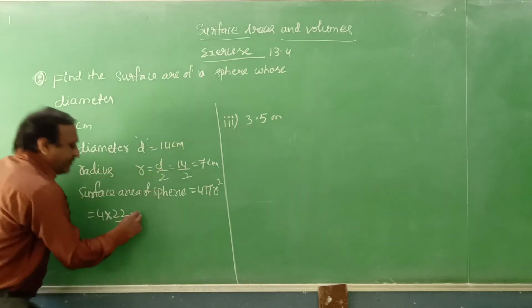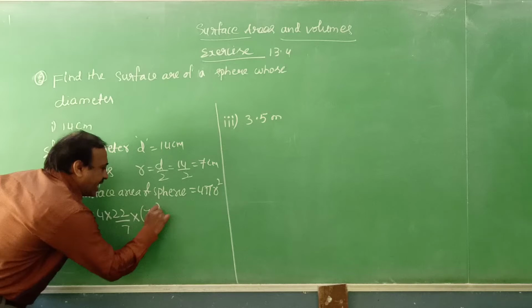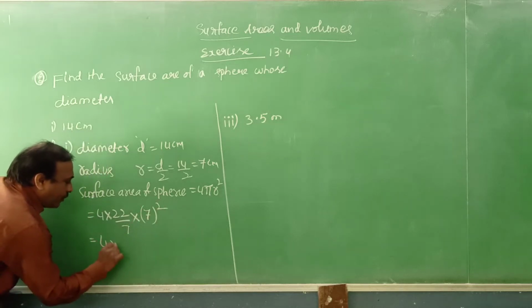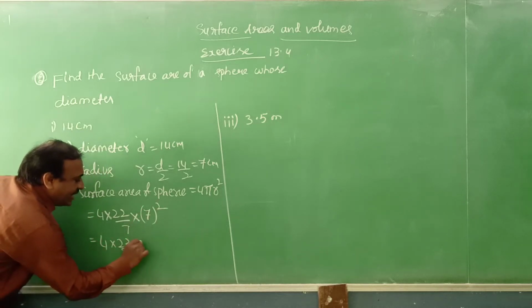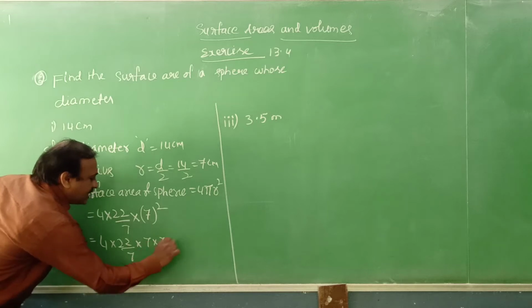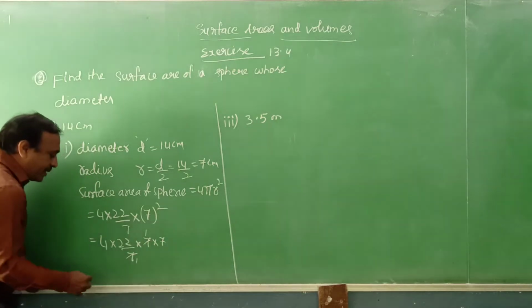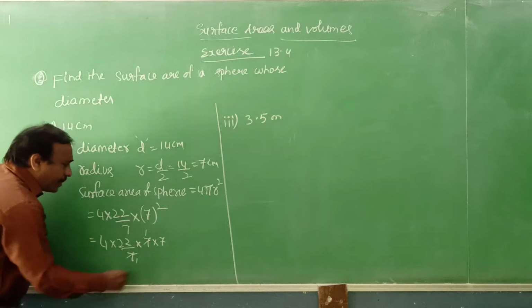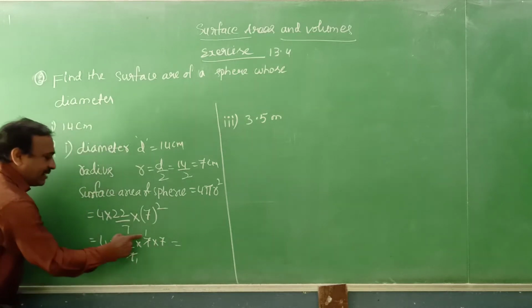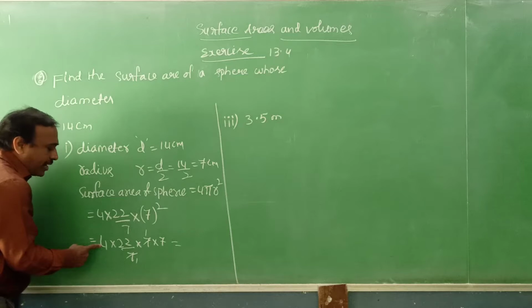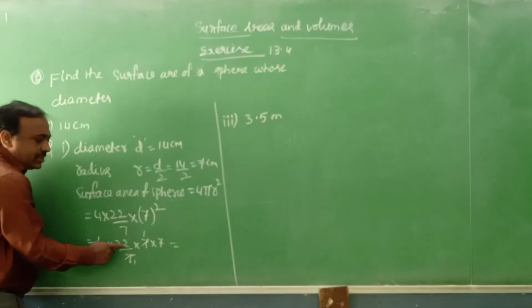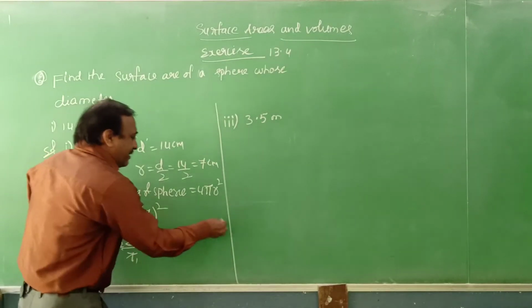Radius we got as 7, so 7 square. That is 4 into 22 by 7 into 7 into 7. The 7s are cancelled, so 4 into 22 is 88, and 88 into 7.